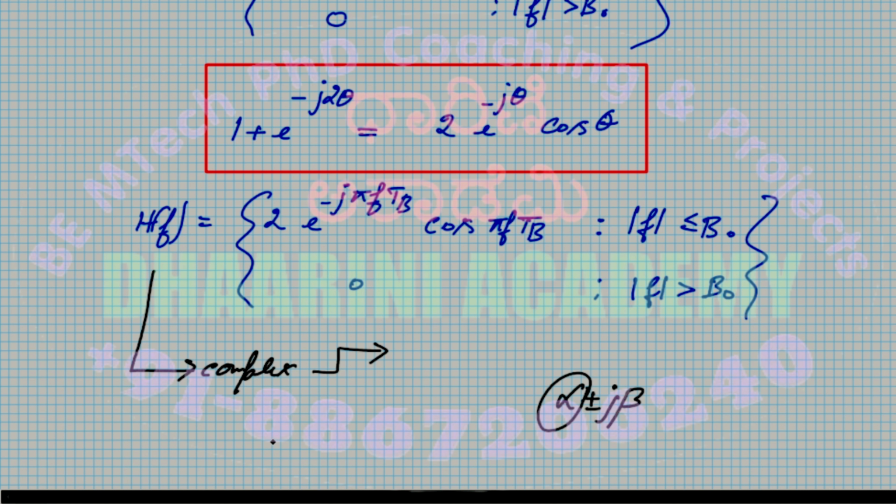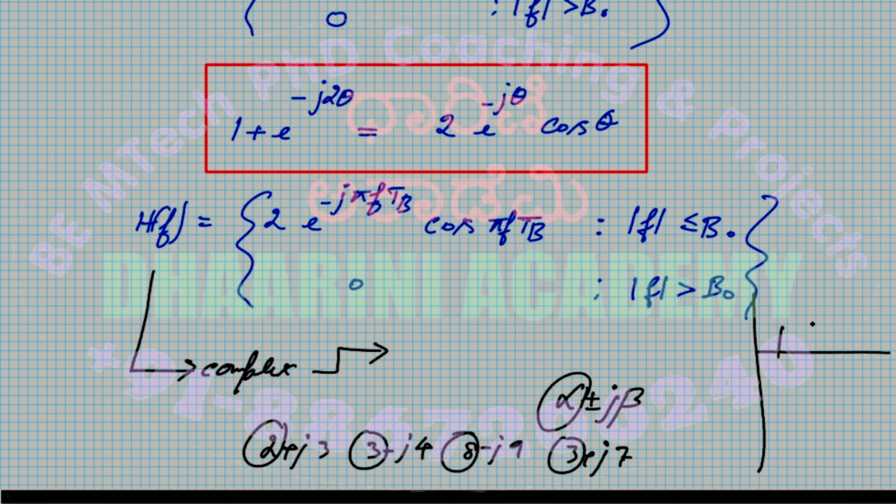If I have four numbers like 2 plus j3, 3 minus j4, 8 minus j9, 3 plus j7, I separate all the real numbers and plot them in one graph. That graph is called the real of your function. The second one is the imaginary of the same function, on the j axis: j3, minus j4, minus j9, plus j7.